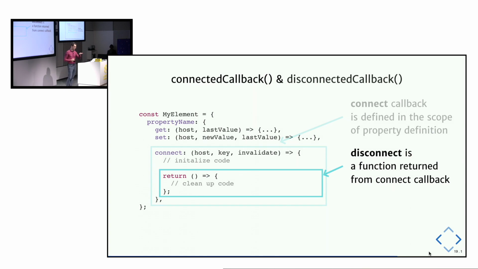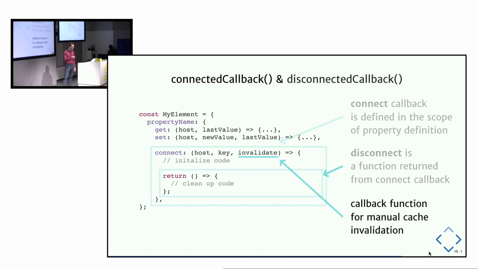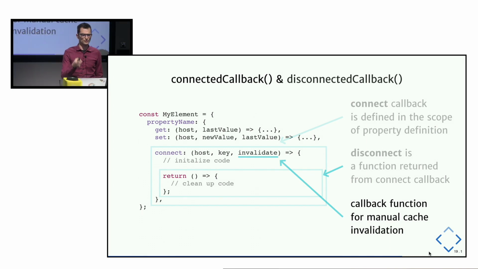Of course, this is a usual pattern in functional programming. You can have access to your local variables, and you can clean up code very easily about what you do in the connect. And the third argument of this function is also very meaningful because it allows you to connect every single third-party library that you want. For example, you can very easily create Redux connected properties in this concept.